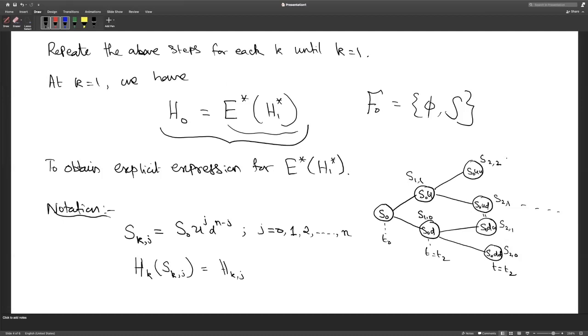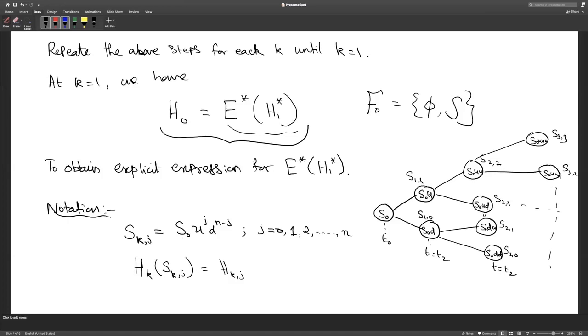So the next level will be here S naught u u u, that will be S3 comma 3, and this is S naught u u d, that is S3 comma 2 and so on, right?